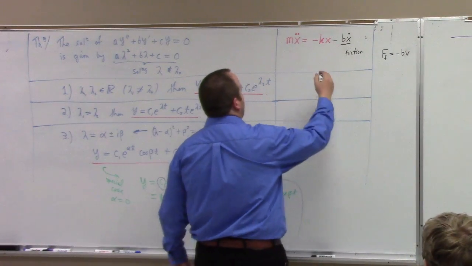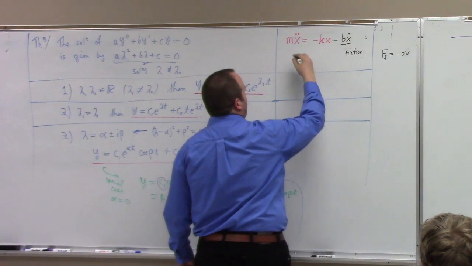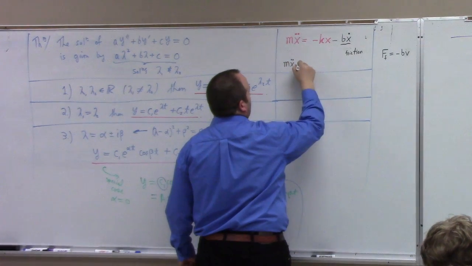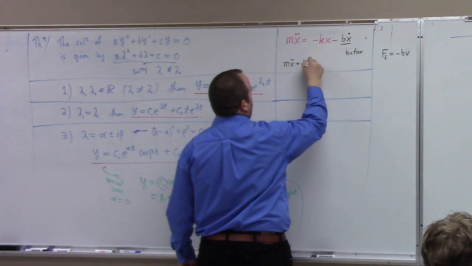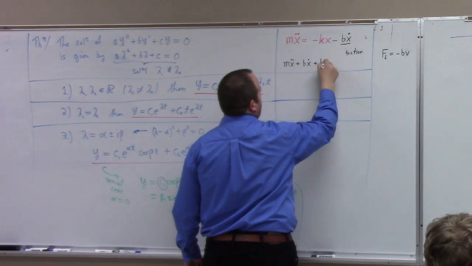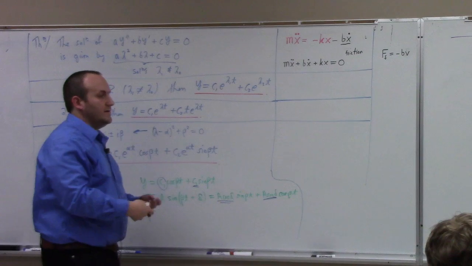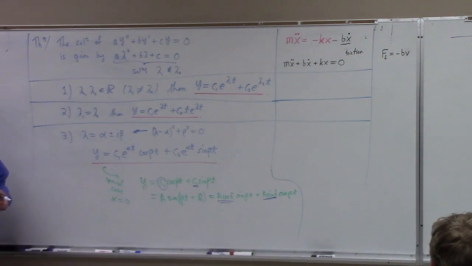Okay, finally. Solving this and putting it all on one side gives me m x double dot plus b x dot plus k x equal to 0. This is a second order, constant coefficient, ordinary differential equation.